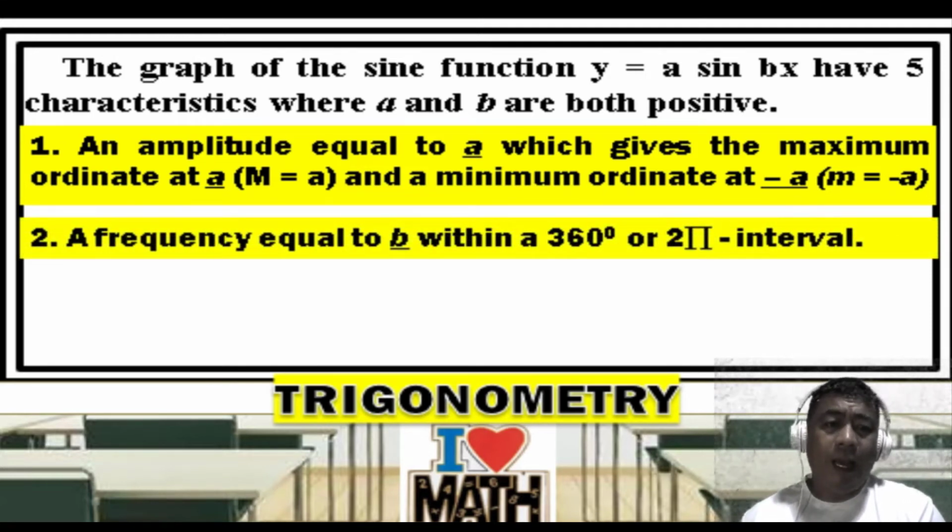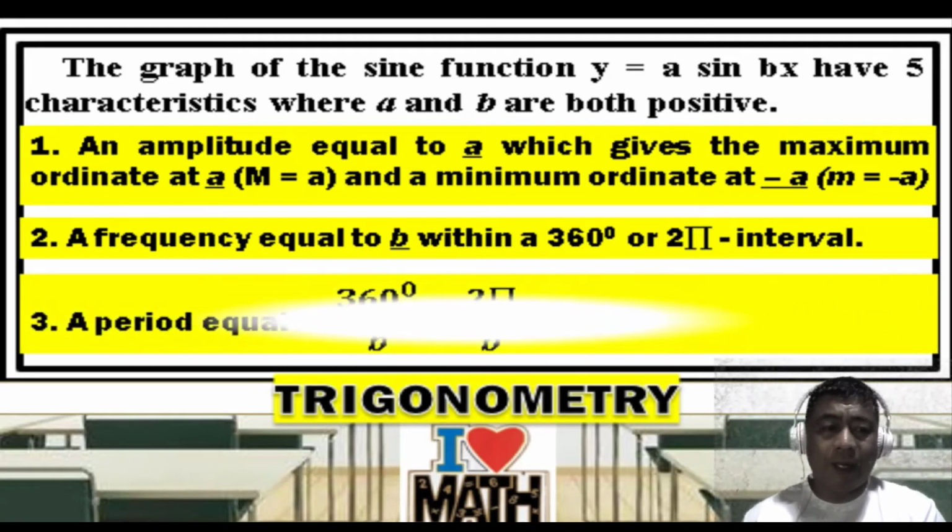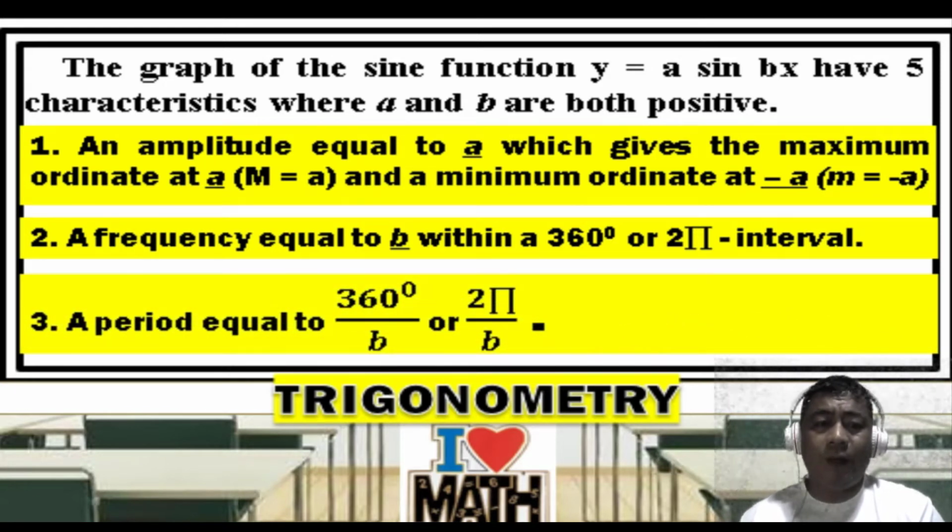Number 2, a frequency equal to b within a 360 degrees or 2 pi interval. Number 3, a period equal to 360 degrees over b or 2 pi over b.